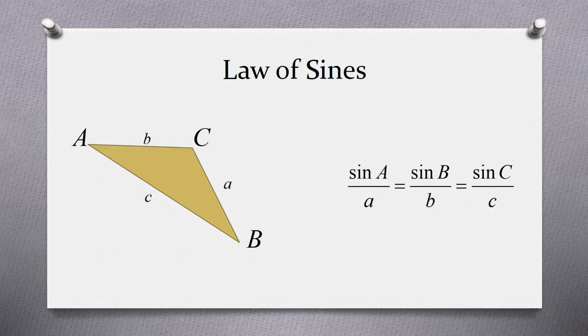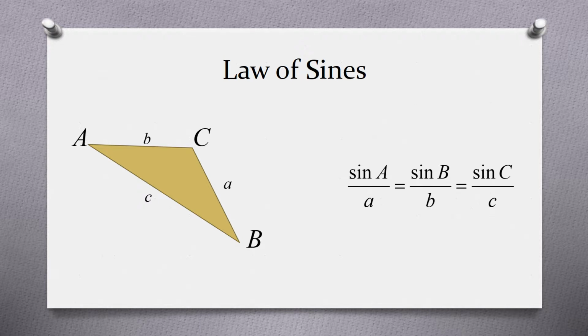So the law of sines says that the sine of angle A divided by the length of side A is equal to the sine of angle B divided by the length of side B. And it also says that those are equal to the sine of C divided by the length of side C. So the sine of those angles divided by the length of the sides are equivalent in any triangle.